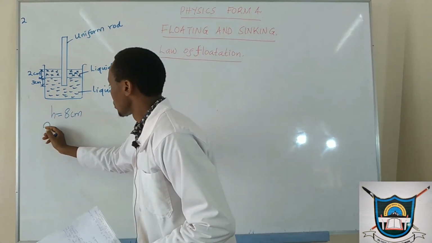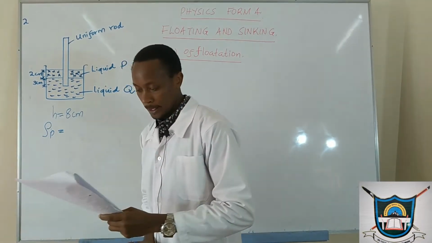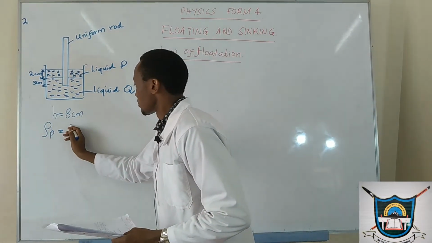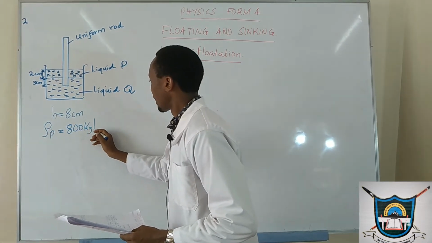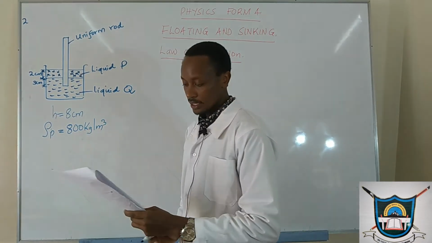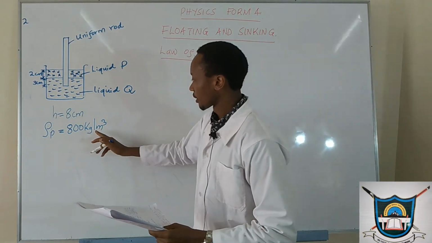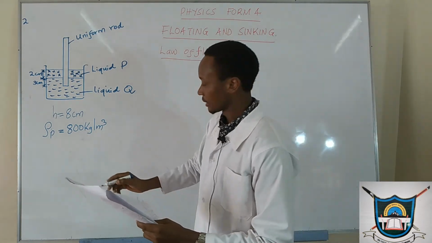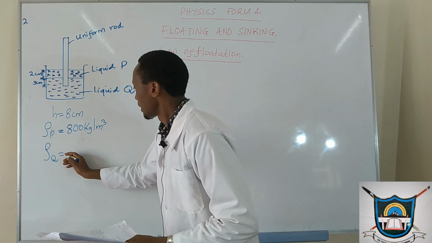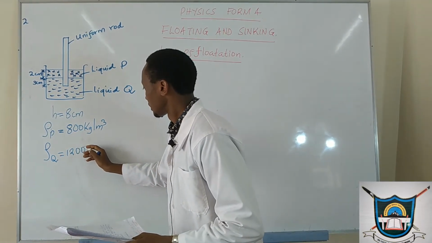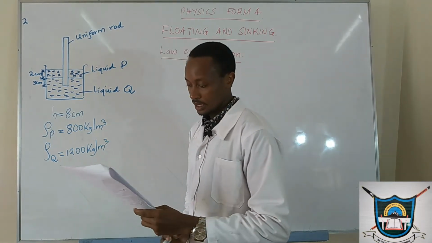starting with the density of liquid P, 800 kilograms per cubic meter, and the density of Q is 1200 kilograms per cubic meter, respectively.